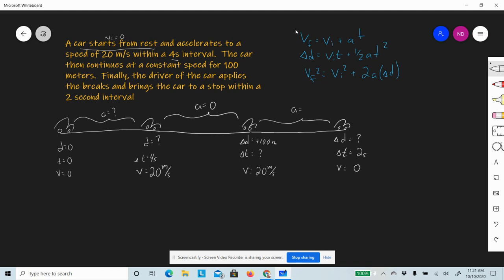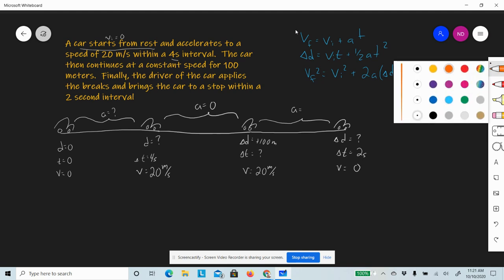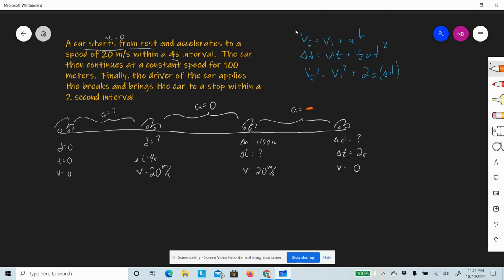So the acceleration, we don't know what it is 100%, really, but your answer for the acceleration is going to be negative because the car slows down. That means negative acceleration. Don't know what the value of the acceleration is, but it's going to be negative.